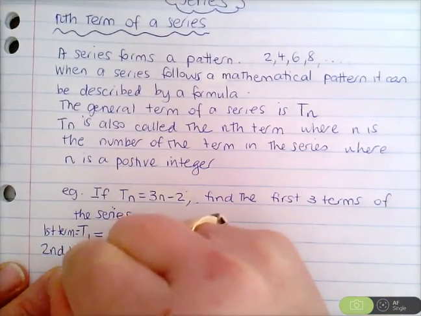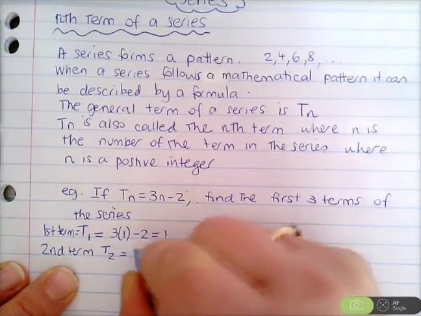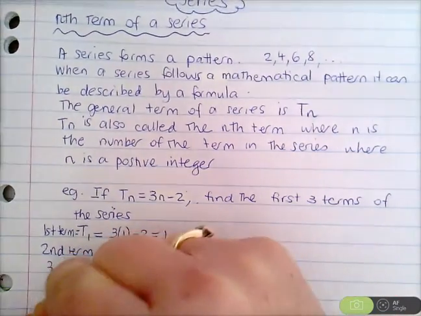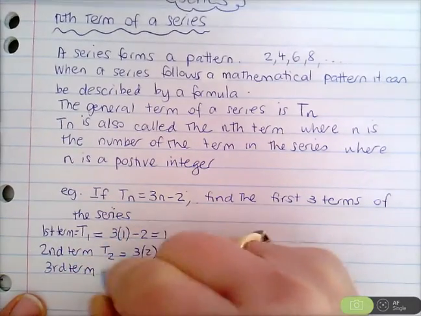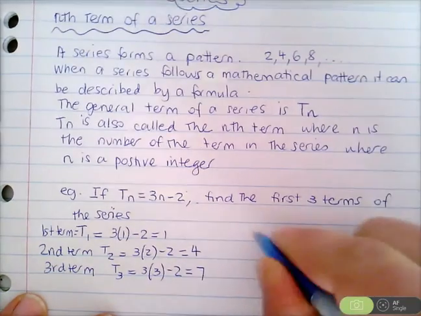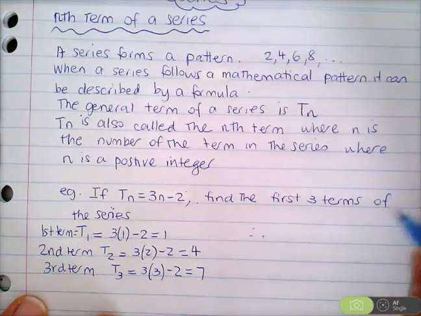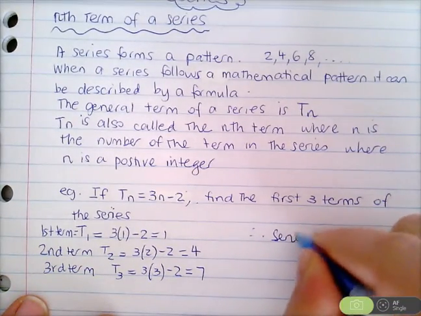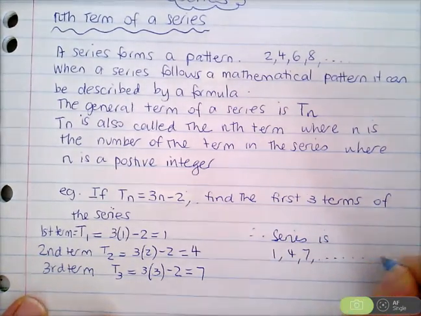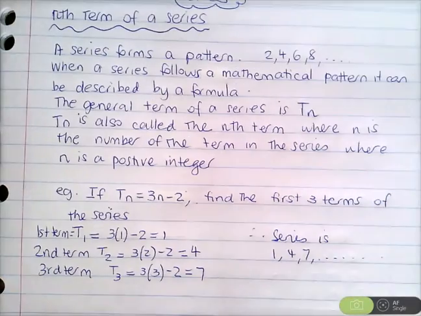The second term would be T2, which is 3 times 2 minus 2. That's 6 minus 2 is 4. The third term would be T3, which is 3 times 3 minus 2, which is 7. So they're the first three terms, and if I want to write what the series is, it's 1, 4, 7, etc.